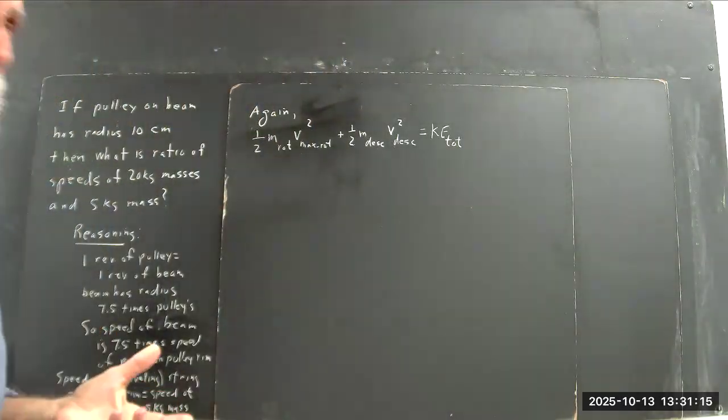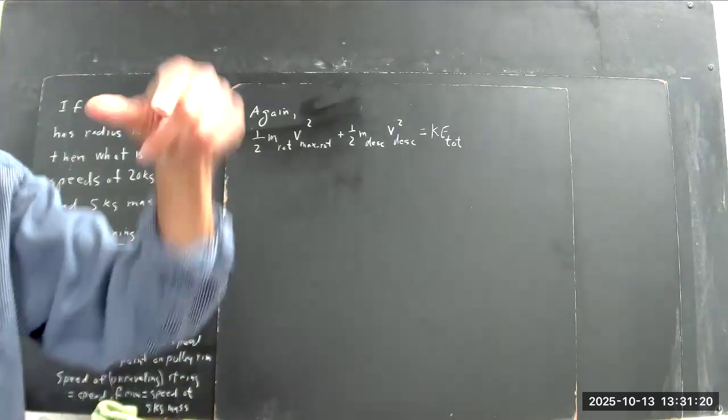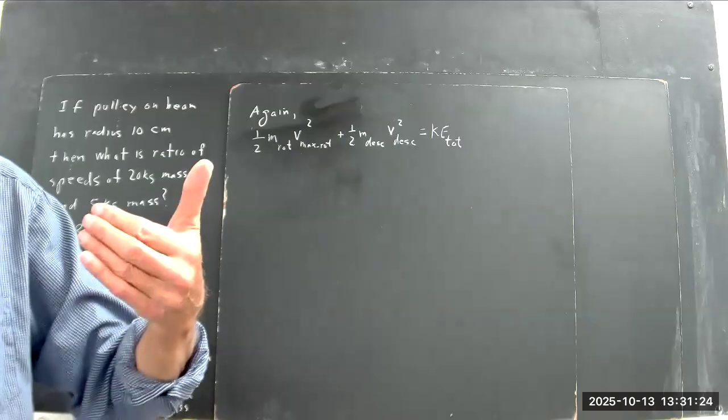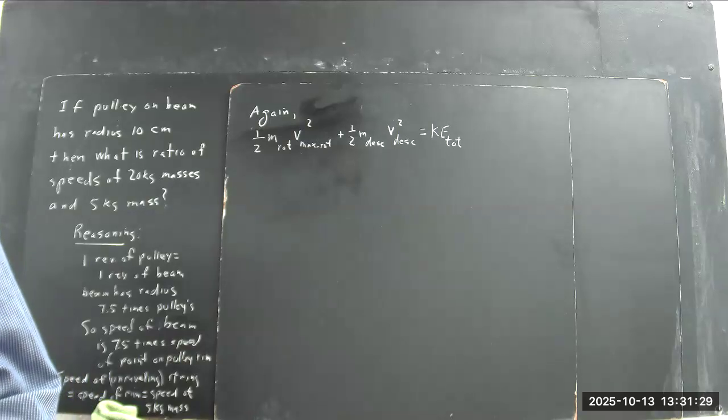That equals your total kinetic energy, which is what? It's 100 joules that gravity has done on the mass minus the 10 joules that friction has done to oppose its descent. Make sense?